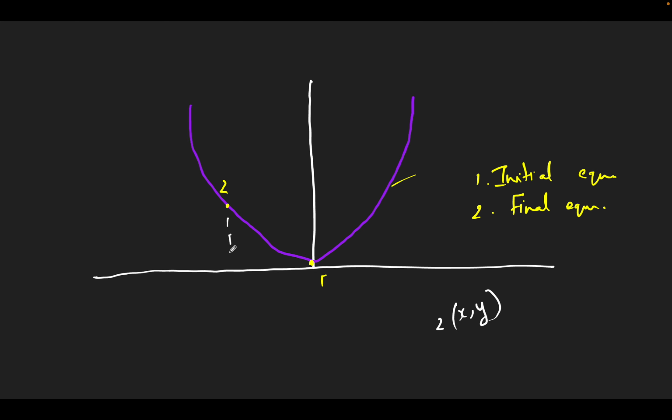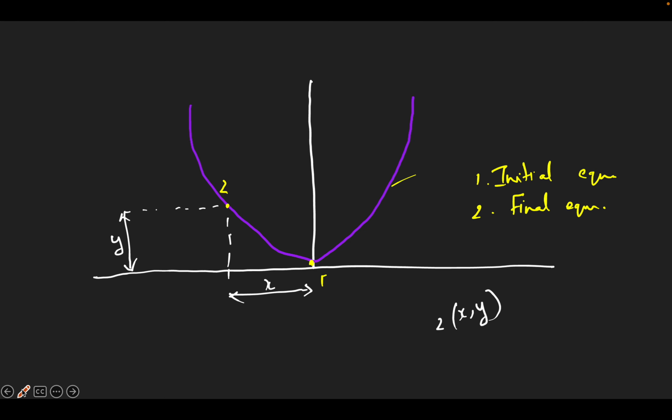X must be this distance, right? And y must be this distance, this height. So this is the coordinate of point 2. Basically what we want to find out is the x, this distance at which the bead is now resting.